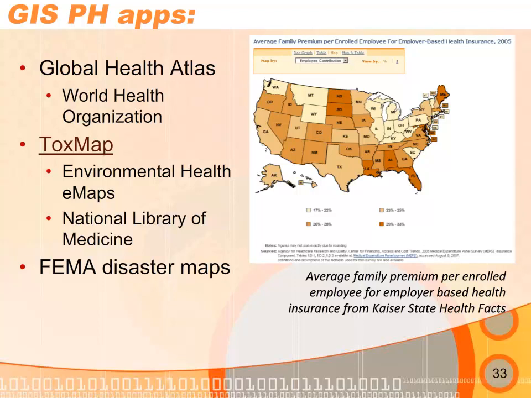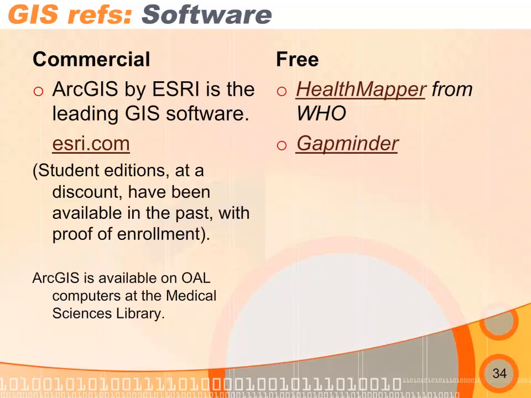ToxMap, which is provided by the National Library of Medicine, provides up-to-date environmental health information. In addition, FEMA creates disaster maps showing hazards that may occur, as well as data about situations or emergencies that have already happened. A variety of GIS software is available.